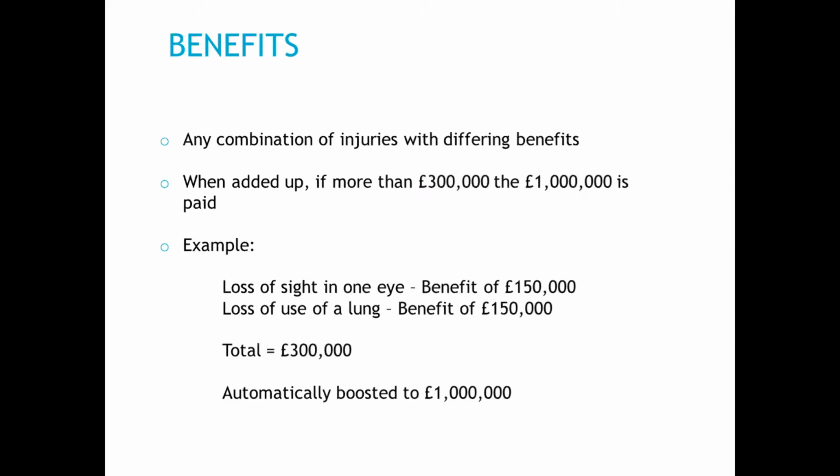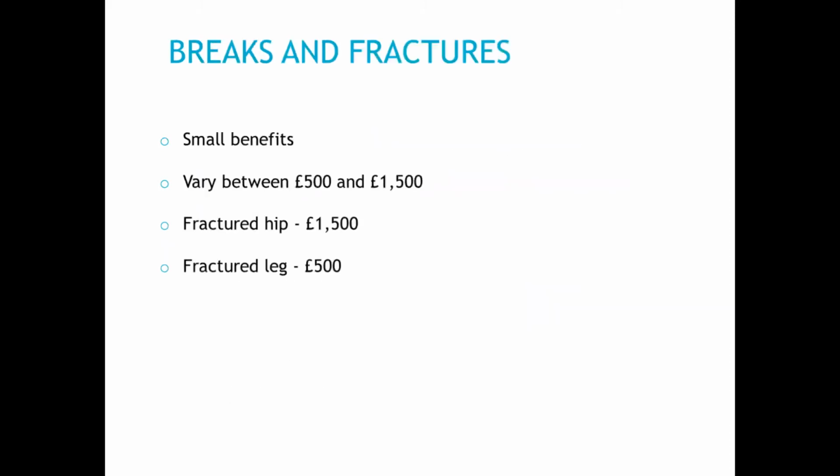Combined, naturally that's 300,000, which triggers the policy to boost to £1 million. However, if there is only one accident and one injury sustained, say for example, the loss of use of a wrist, which has a benefit of 80,000 and nothing else, that would be the actual claim value.